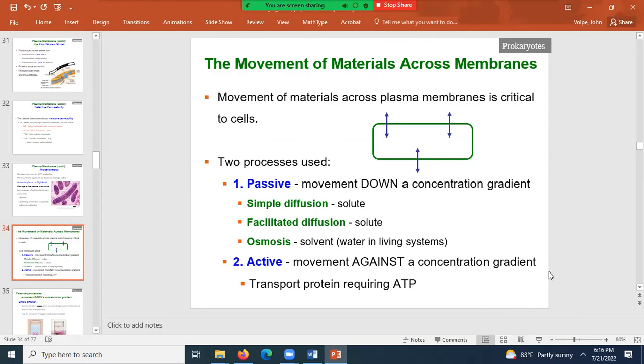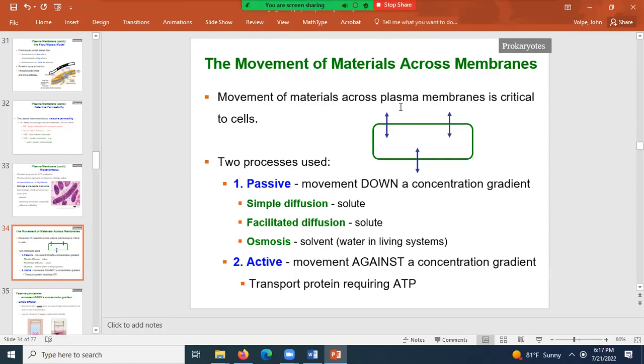So the movement of materials across the plasma membrane is critical to cells. There are two processes that molecules can use to move across the cell membrane. The first is a passive process where molecules move down a concentration gradient.